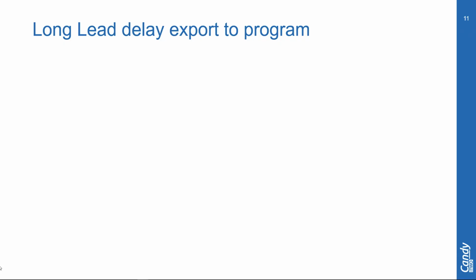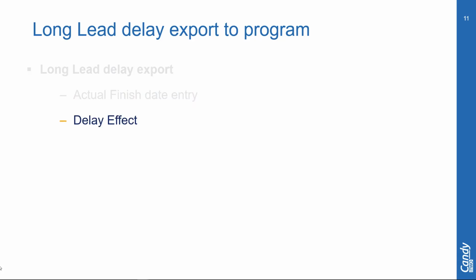Next, we're going to look at the long lead delay export to the program. It can either be an actual delay or even a predicted delay. You're going to fill in the actual finish date, or you're going to fill in the predicted finish date.